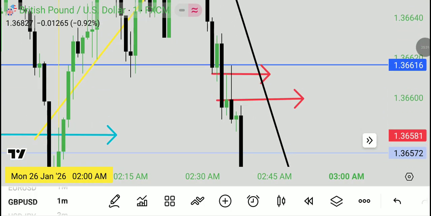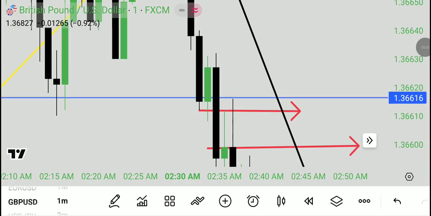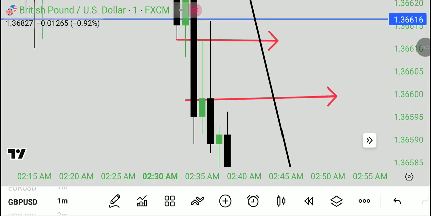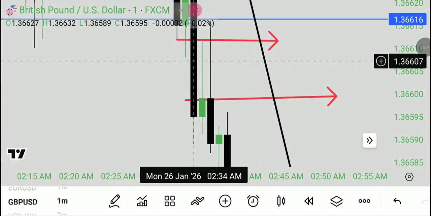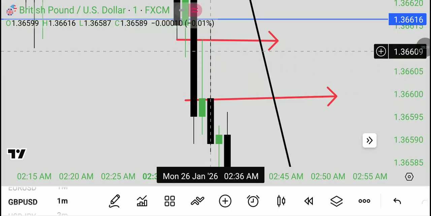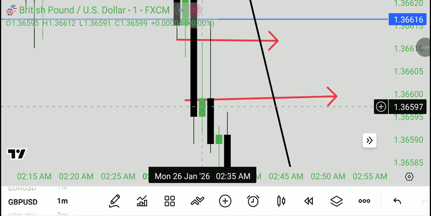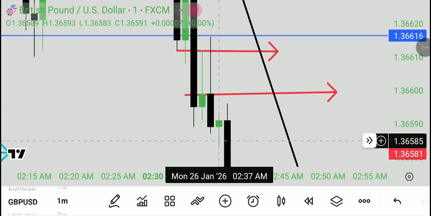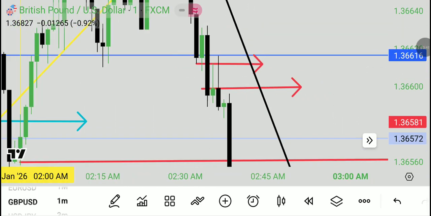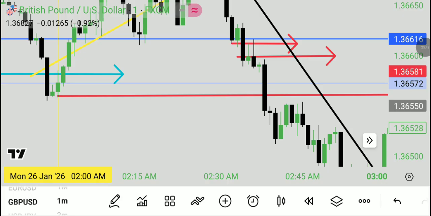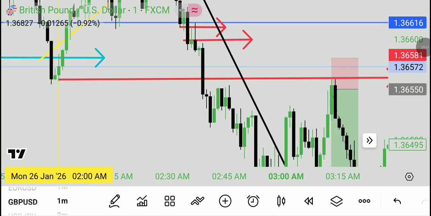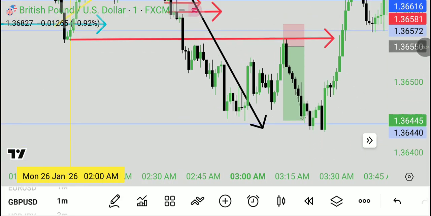And it comes down to your first target and gives volume imbalance, and keeps giving other blocks. You can see other blocks here, and it keeps pushing. You can close here.